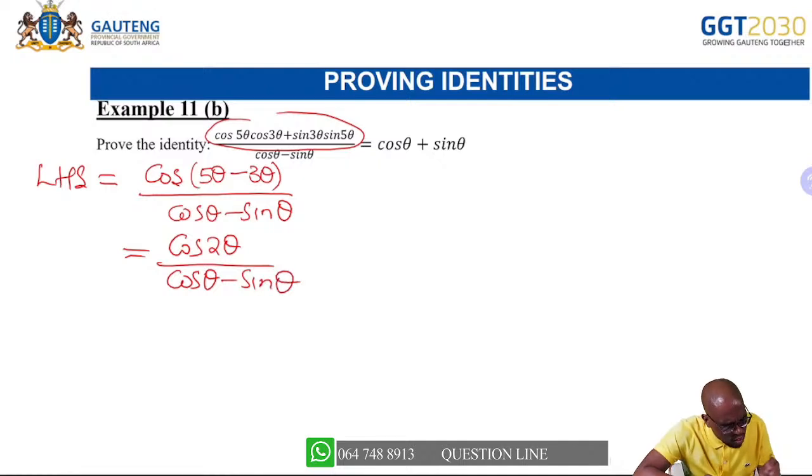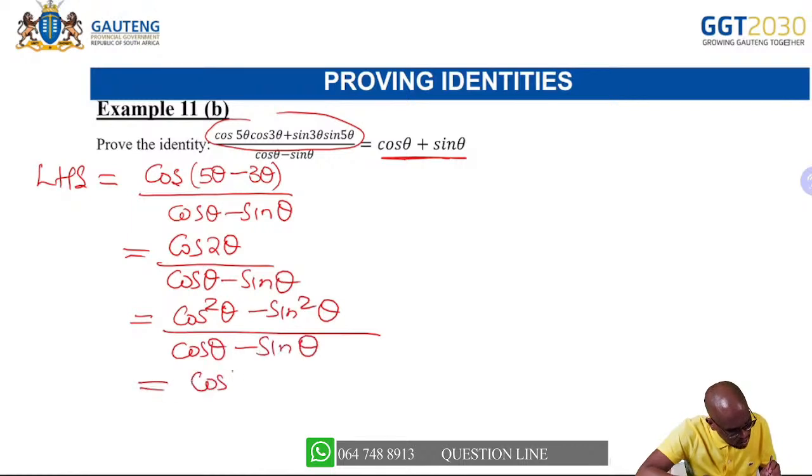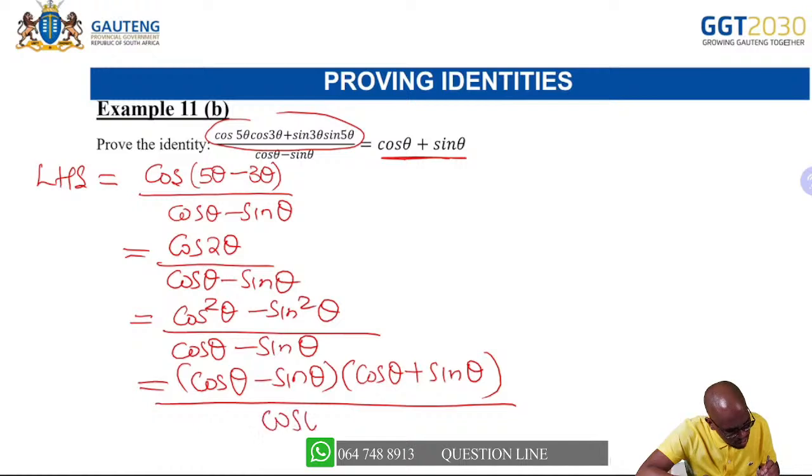You can see when you look at the right hand side that you need both cos and sin. So you will change cos 2 theta into what? Cos squared theta minus sin squared theta, divided by cos theta minus sin theta, like that. So this would be the cosine of theta minus the sine of theta, difference of two squares, times the cosine of theta plus the sine of theta, divided by the cosine of theta minus the sine of theta.